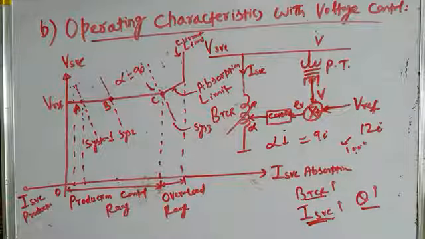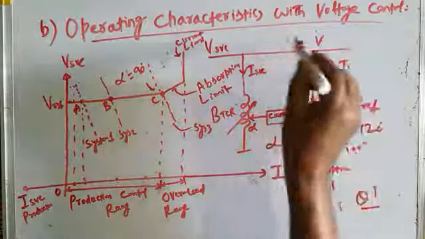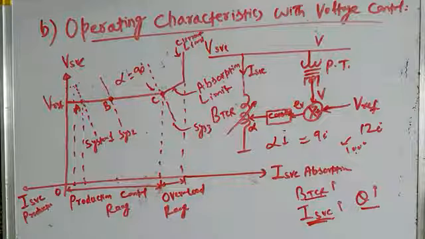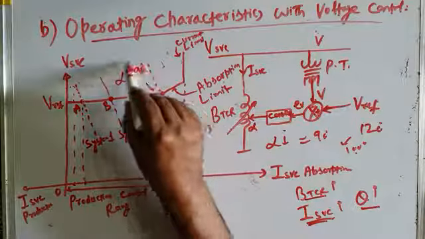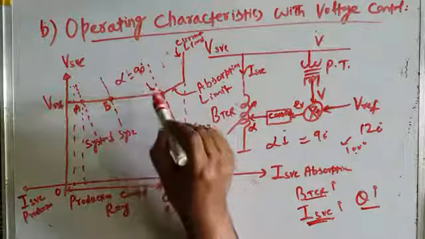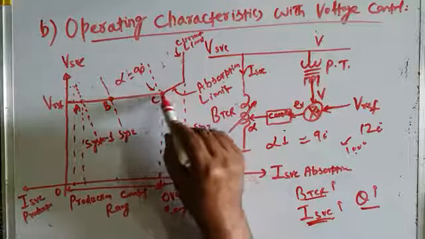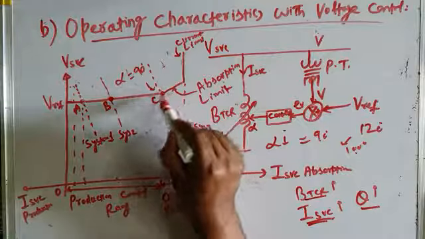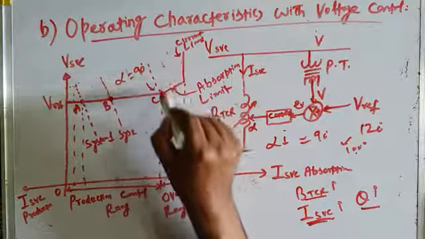But the problem is that if there are still excess leading VARs on the line, then what will the TCR do? You cannot make alpha less than 90 degrees. Alpha equal to 90 degrees is the minimum delay angle at which you can operate the TCR. So you have to maintain it at alpha equal to 90 degrees, but the current drawn by the TCR can increase, and it will not allow the voltage to rise sharply.